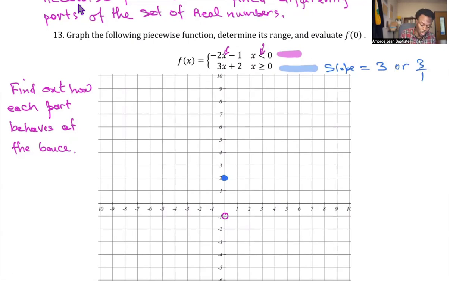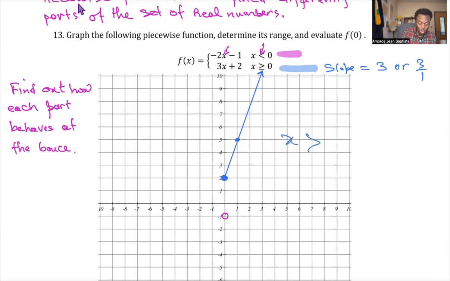That means from here, you're going to go up 3 and over 1. 1, 2, 3 and over 1. That gives me another point, and then that's good because I can just draw this line all the way through on the right side of the x, because it's the positive side.